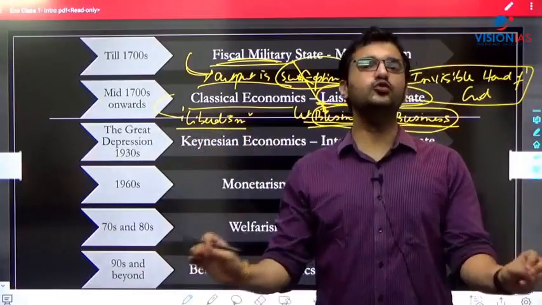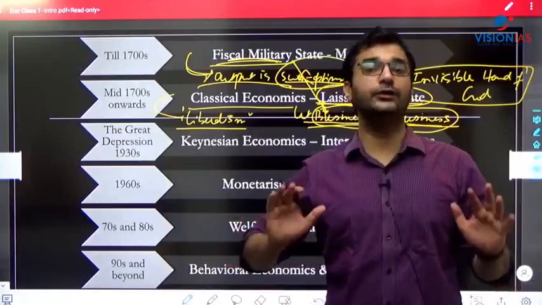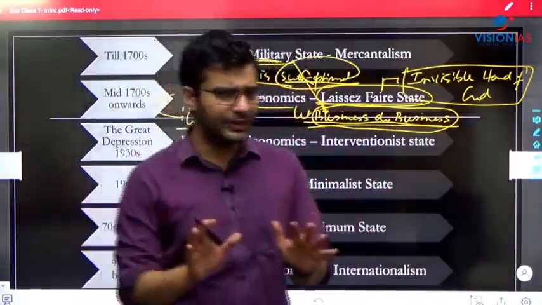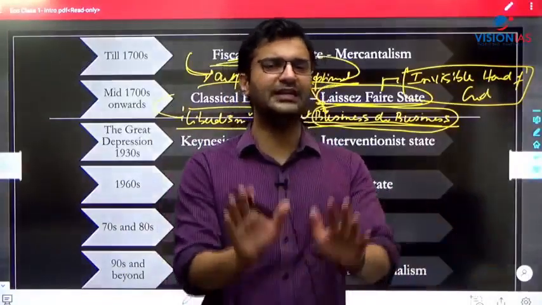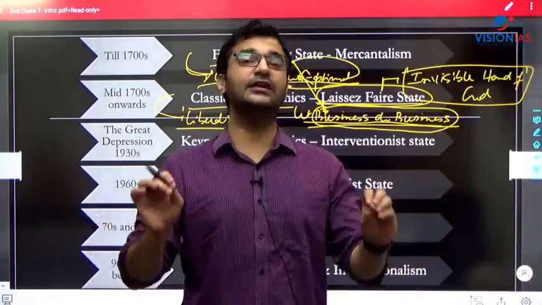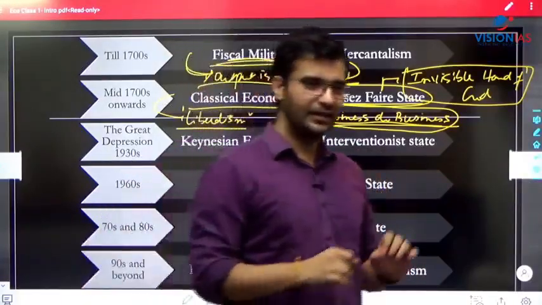Everybody is free to do whatever they want. And in this process, what would everybody do? Everybody would try to grow. Everybody would try to enrich themselves. Nobody is working for the state. Nobody is working for the society. Nobody is working for anyone else. But everybody is working in their own best self-interest.